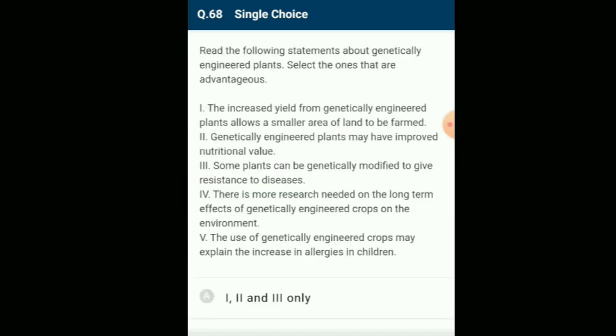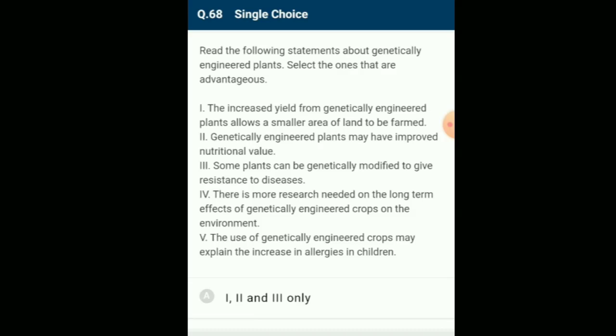Question number 68. Read the following statements about genetically engineered plants. Select the ones that are advantageous. Genetically modified plants have been useful in many ways. Genetic modifications have made crops more tolerant to abiotic stresses, reduced reliance on chemical pesticides, helped to reduce post-harvest losses and increase yield, and also enhanced the nutritional value of food.